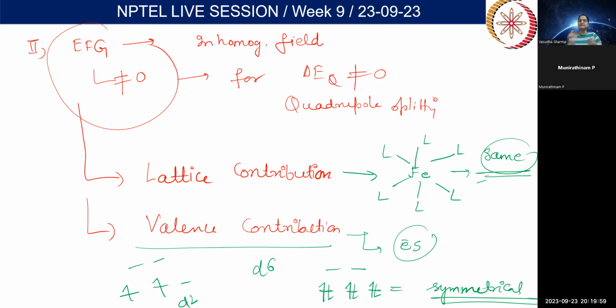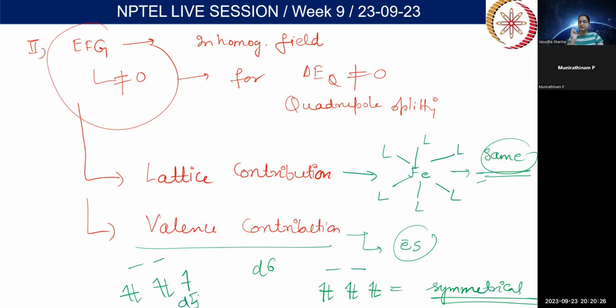One orbital is empty. Here, all the orbitals are filled with an equal number of electrons. For example, if they are filled this way, d5, then also it is called unsymmetrical, because one orbital has only one electron while the other two have two electrons. So that unsymmetry is there. Whenever there is unsymmetry, there will be a valence contribution. Is this clear?